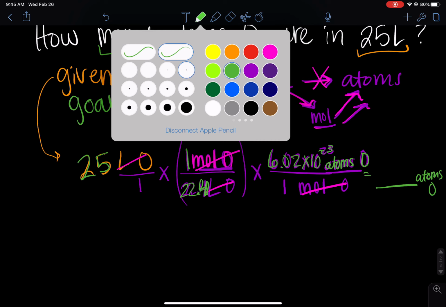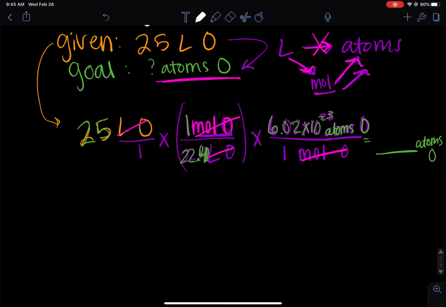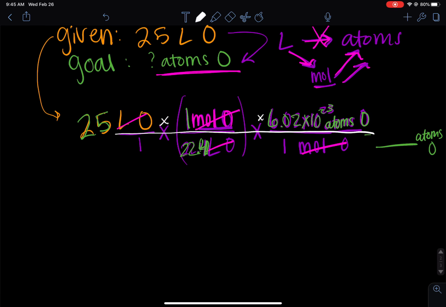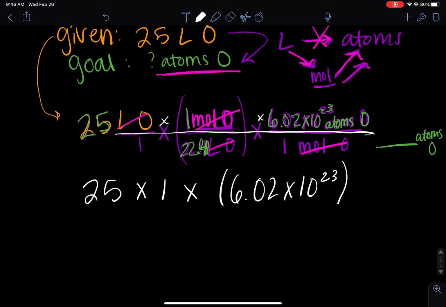So I'm finally at my goal, and I can write atoms oxygen. So my calculator is going to look like this. Everything is kind of on the same fraction bar, so you're going to multiply by the top and then divide by the bottom. So it's going to be 25 times 1 times open parentheses 6.02 times 10 to the 23rd, close parentheses. You can do this multiple ways.